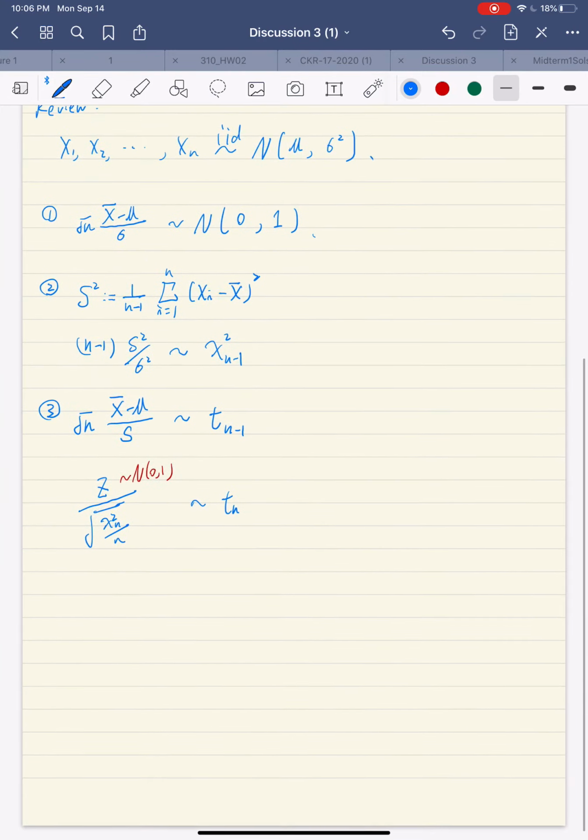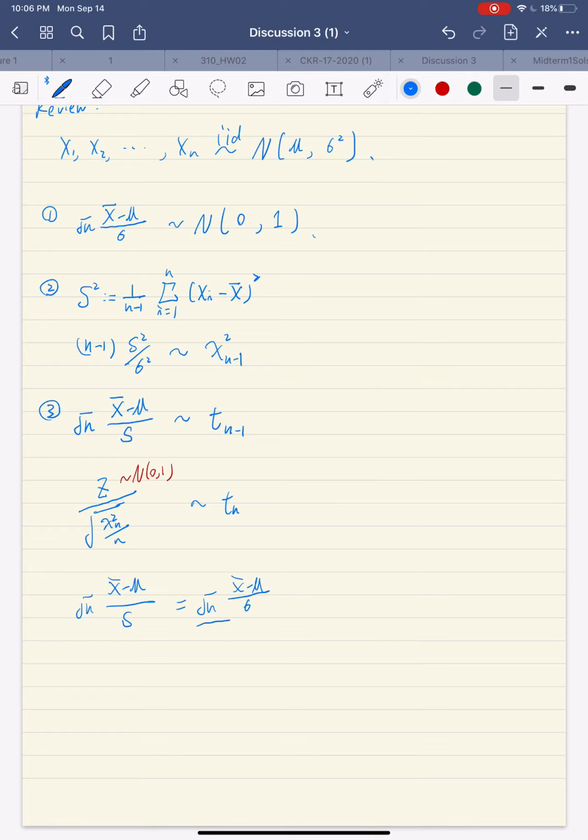So we can write it as S bar minus mu divided by sigma, and the denominator becomes n minus 1 S squared over sigma squared, over n minus 1. The numerator is Z, and this one will be chi squared n minus 1. Then the whole thing becomes the t distribution with n minus 1 degrees of freedom.